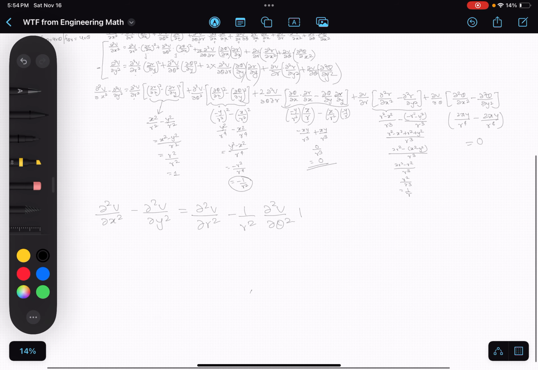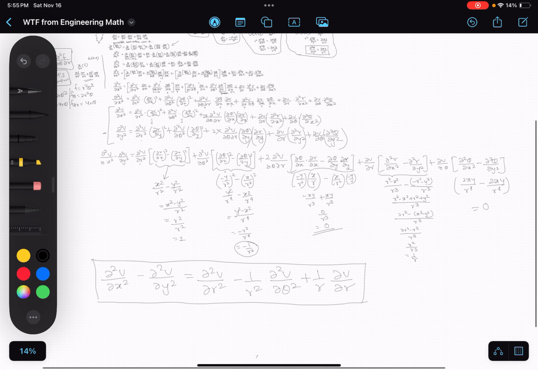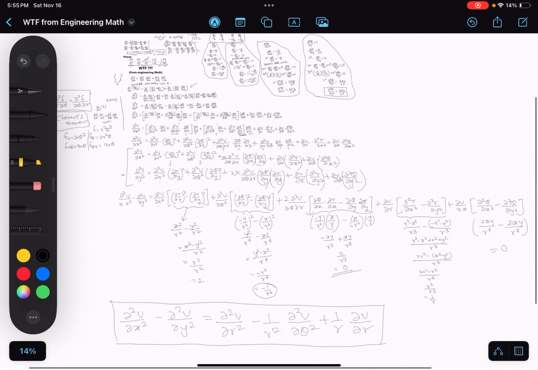Now plus 1 by r partial v by partial r. The last thing is 0. So this is the expression that we wanted, and that's what the question is, right? Yeah, that's exactly what the problem is, and we did it, guys.